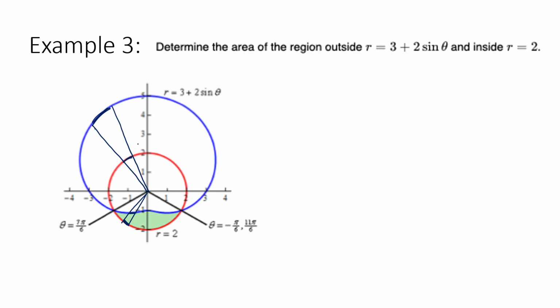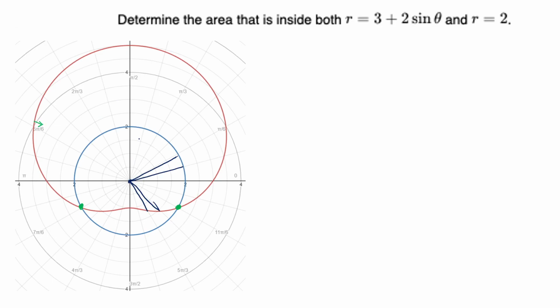So I can use the formula. But for our case now, since we are solving for this particular area, if I try to create a small sector in this region, it's only touching one graph.